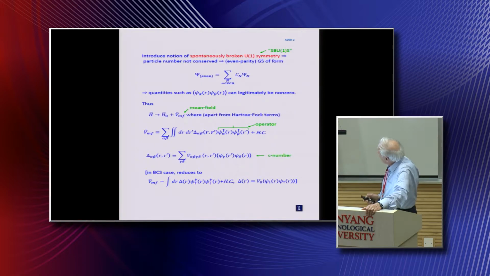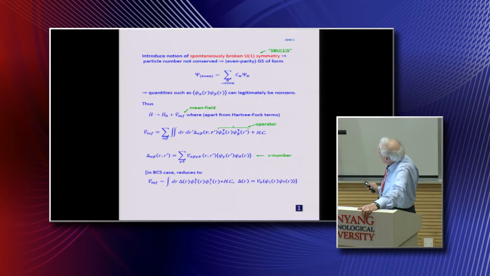Then, in fact, we can write down an even parity ground state of the form here, where the sum here goes over all even values of n. And crudely speaking, the physical idea behind this is that you have Cooper pairs formed in your system, and one often takes the approach that the number of these Cooper pairs, and therefore the total number of particles, is not conserved.